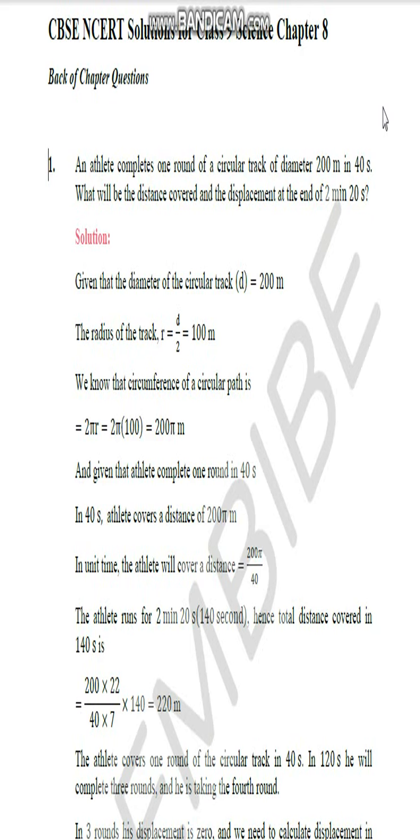40. Now we have to find how much distance it will cover in 2 minutes 20 seconds. I'll break that 2 minutes 20 seconds into seconds. 1 minute is 60 seconds, so 2 minutes is 120 seconds, and 20 seconds more, so we get 140 seconds.